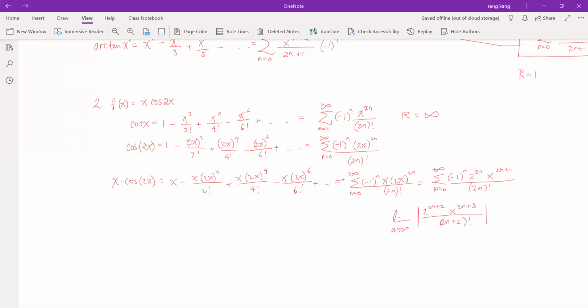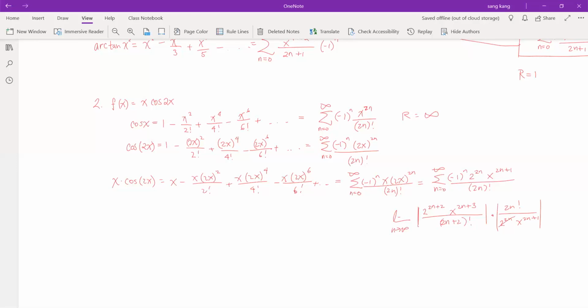So that's my a n plus 1 divided by a n, so I'm going to multiply by the reciprocal. That's 2n factorial, 2 to the 2n, x to the 2n plus 1. Of course, I'm dropping the negative 1 to the n because of the absolute value.